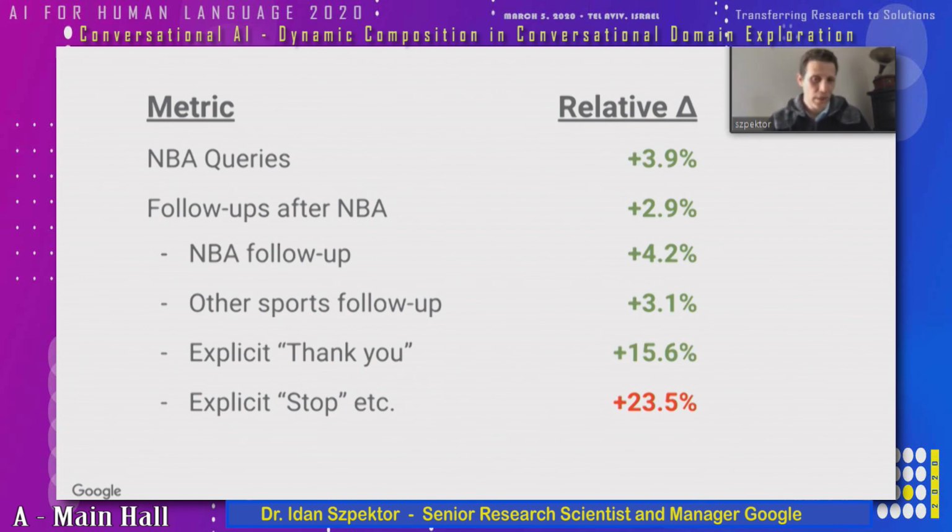We've also seen an increase in gratitude, such as thank you, but also in stops, shut-ups, and other types of really bad-mouthing us. The last 2 are actually significantly smaller in terms of volume, I think it's more than 2 scales smaller. But still, they're interesting to understand how users react to that.